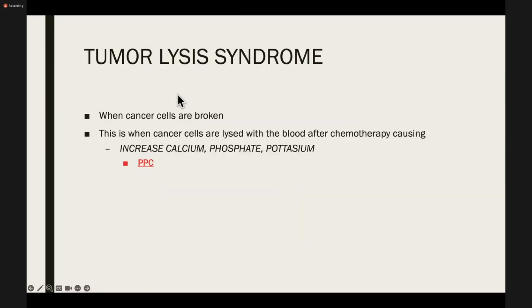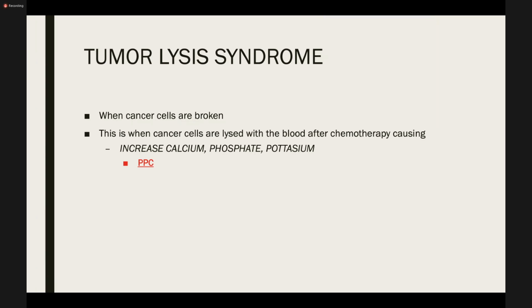Now, this condition you have to know: tumor lysis syndrome. What is tumor lysis syndrome? Tumor lysis syndrome is when you have a patient that's been diagnosed with cancer and you place them on chemotherapy. Sometimes the chemotherapy will destroy the cancer cells, and when they destroy the cancer cells, it causes an increase in calcium, an increase in phosphate, and an increase in potassium.